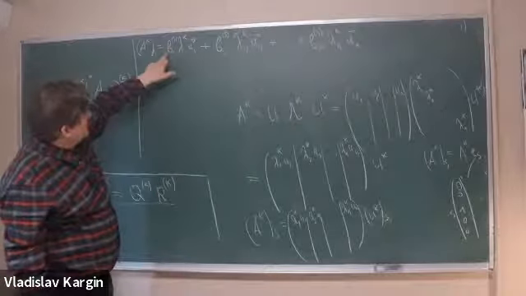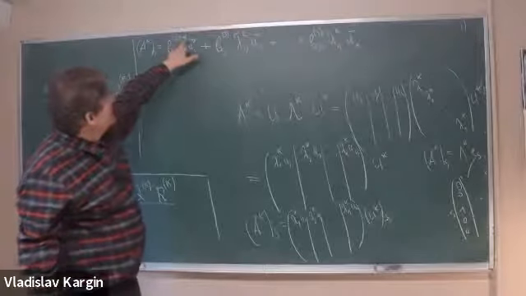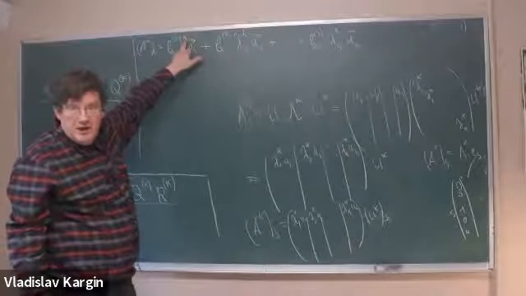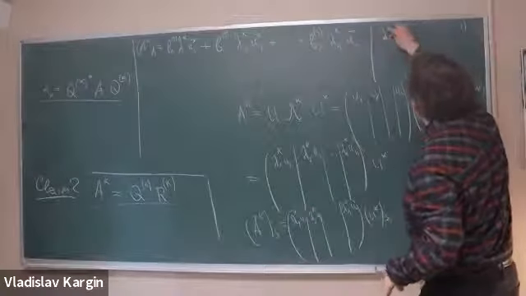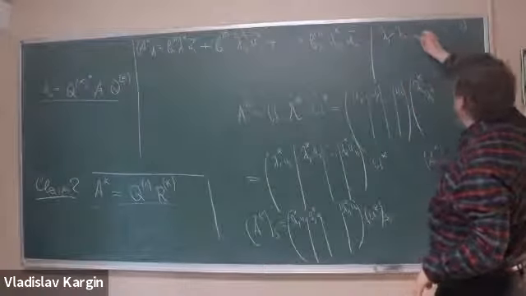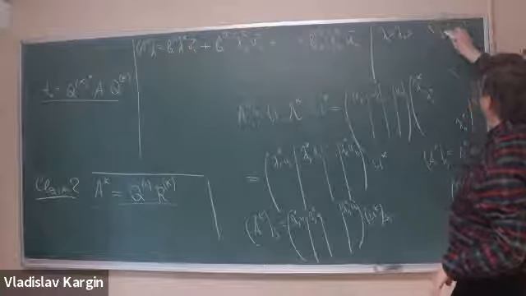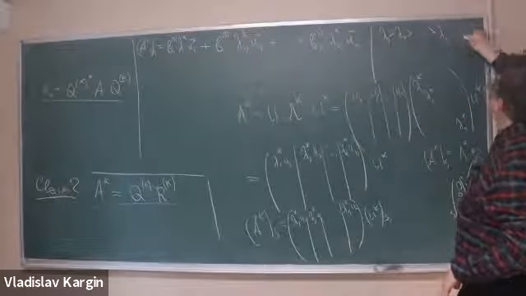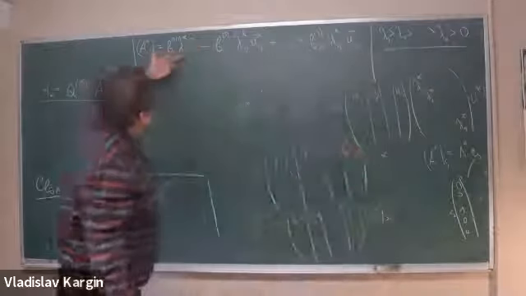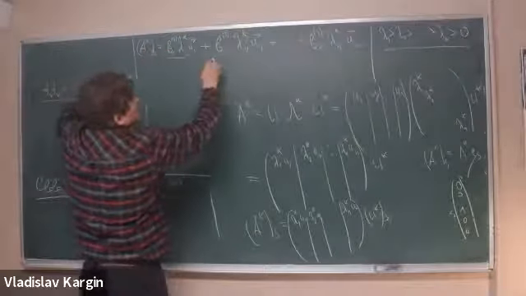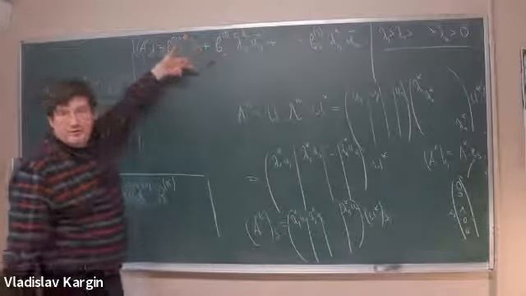Okay, so now when k is very large, remember that we assumed that lambda 1 is greater than lambda 2, is greater than so on, greater than lambda n, greater than 0. And so if k is large, then this term will be much larger than every other term.